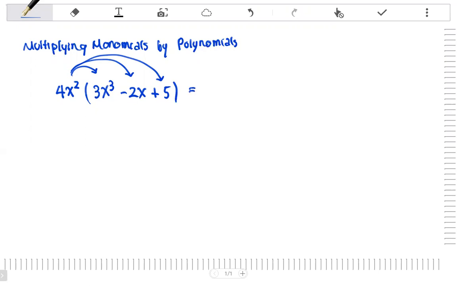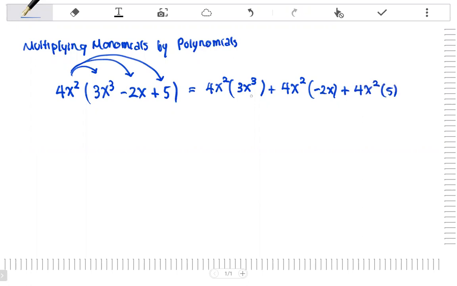Our first term is 4x squared times 3x cubed, plus our second term, 4x squared times negative 2x. And our third term would be 4x squared times 5, right?